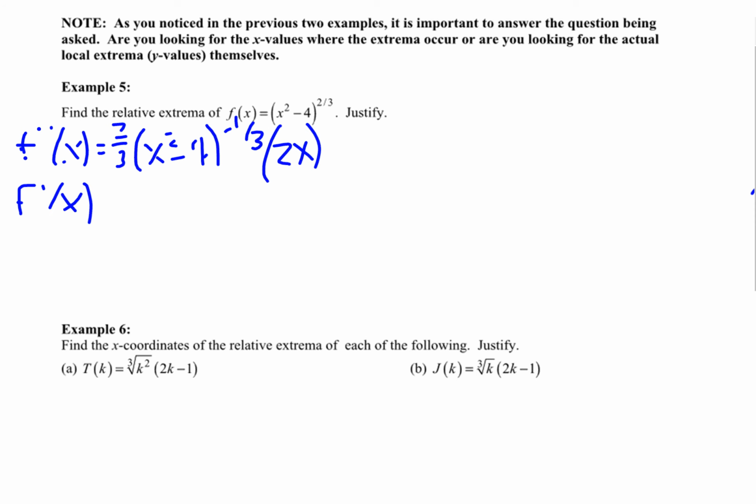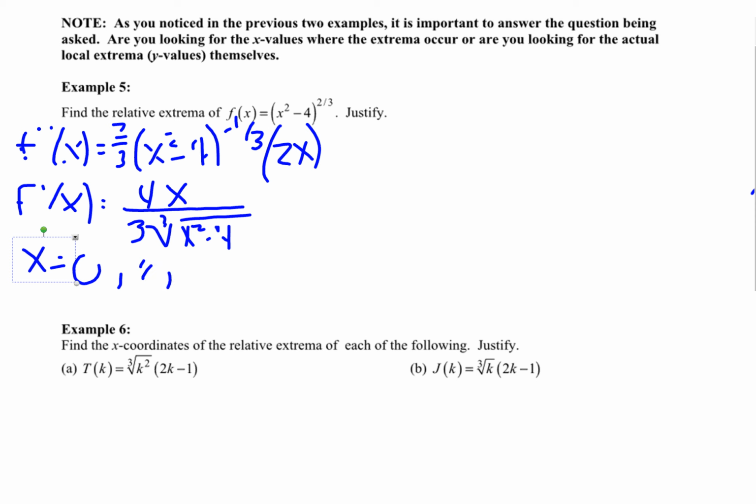F prime of x, that would be 4x, 3 on the bottom, negative 1/3 power is cube root, x squared minus 4. If we're trying to find the critical values, we got to figure out where the derivative is 0 or undefined. So that would be at 0 for the numerator, and then also positive or negative 2.